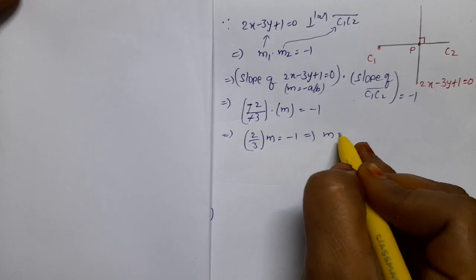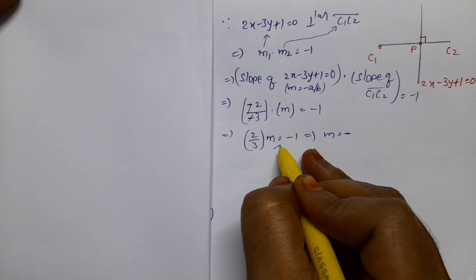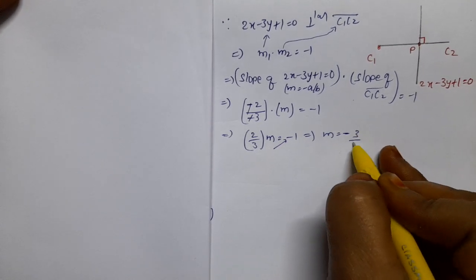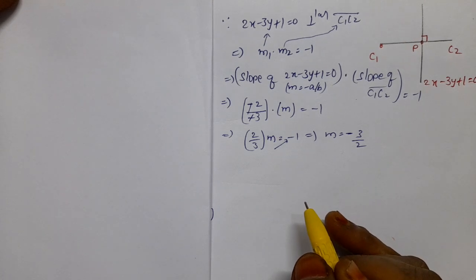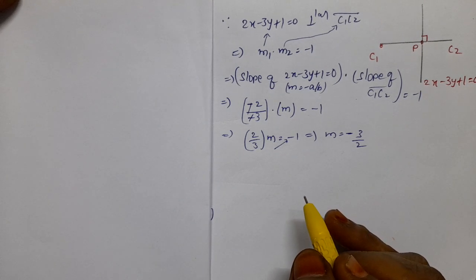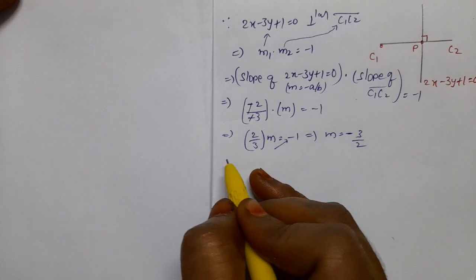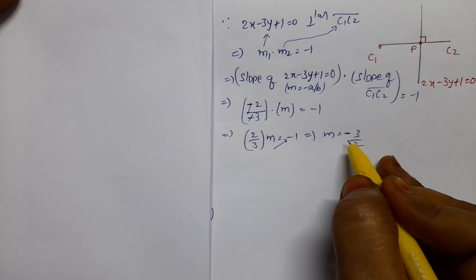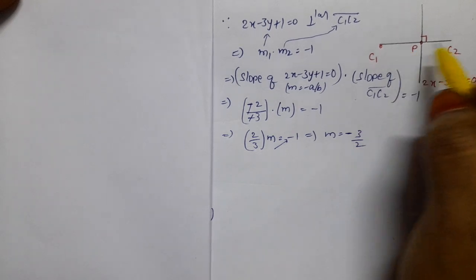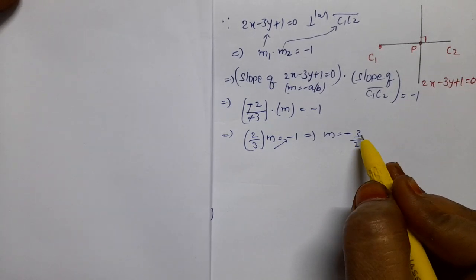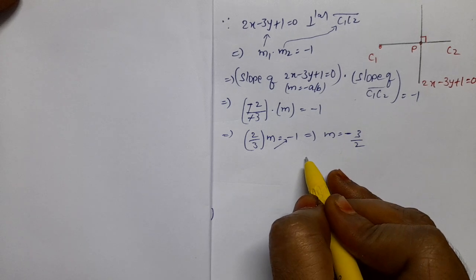This implies m equal to minus 3 by 2. The slope of the line C1 C2 is m equal to minus 3 by 2.